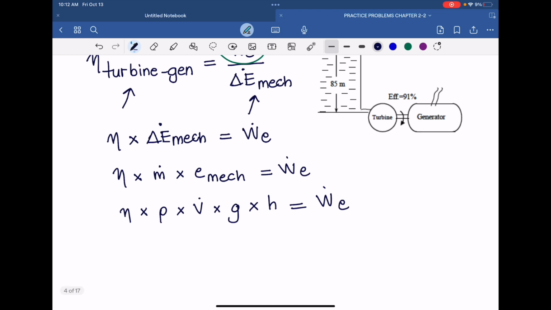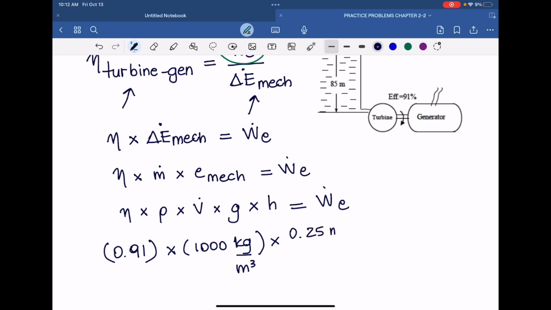I know the efficiency is 0.91 because they say 91%, and density I accept as 1000 kilogram per meter cube. Usually the problem statement should give you that information. The volumetric flow rate is given to us, 0.25, and gravitational acceleration is 9.81.